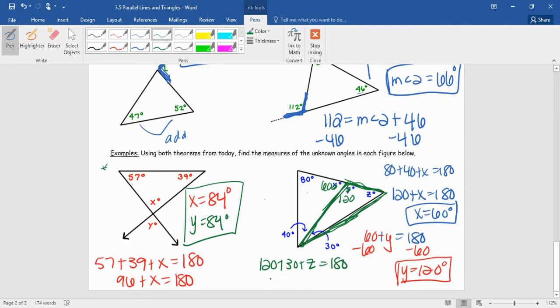Combine your like terms, 120 and 30 is 150, plus z equals 180. And then if you subtract 150 from both sides, that means that z, I'm going to write this up here at the top, would have to be 30 degrees. Sorry, I know that's kind of messy and all over the place.